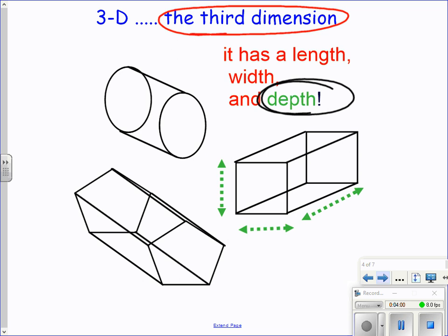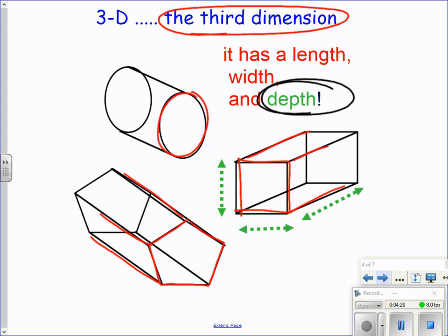We've got a cylinder, which is just a circle that extends all the way back three-dimensionally. We have, it looks like a square in the front here, and it has depth, which makes a box. And we have a pentagon, and it extends back, and it has depth as well.